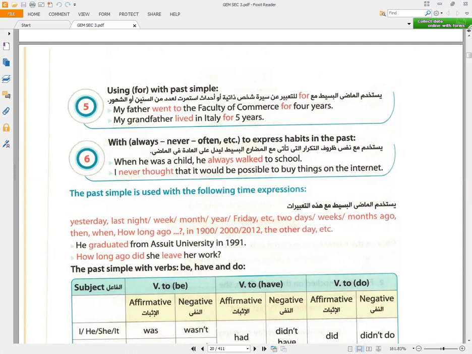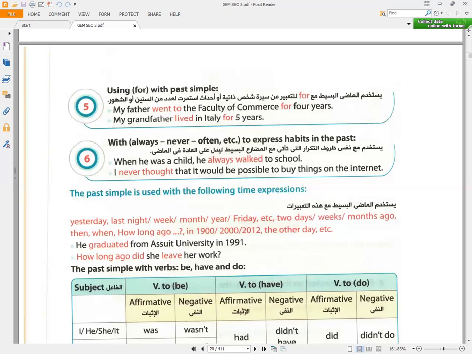But: my father went to the faculty of commerce for 4 years. Yeah, the past and finished. So I can use for in past simple, not only with present perfect. My grandfather lived in Italy for 5 years. Of course, he moved to another place.